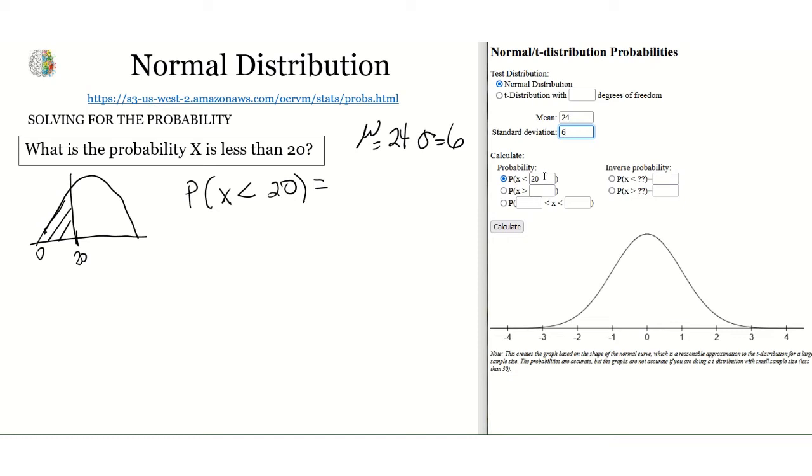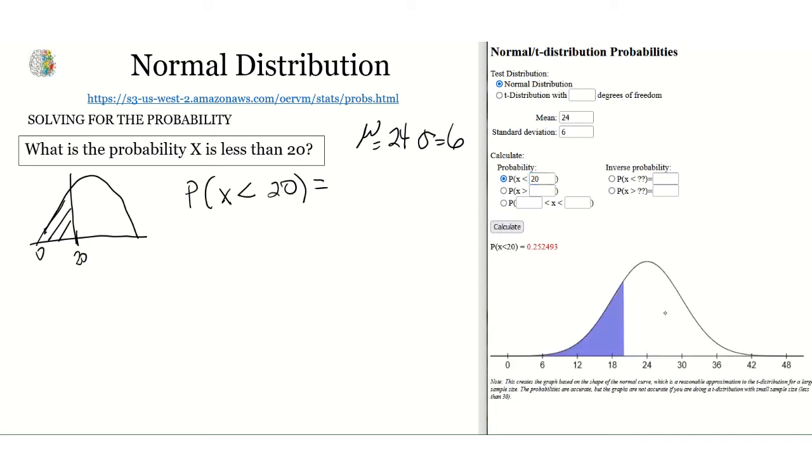I'm going to use this first box because I'm looking for values of x that are less than 20. Then I hit the calculate button and it's going to give me the graph. The shaded part is going to show me the percentage, and this in red is going to give me my answer.